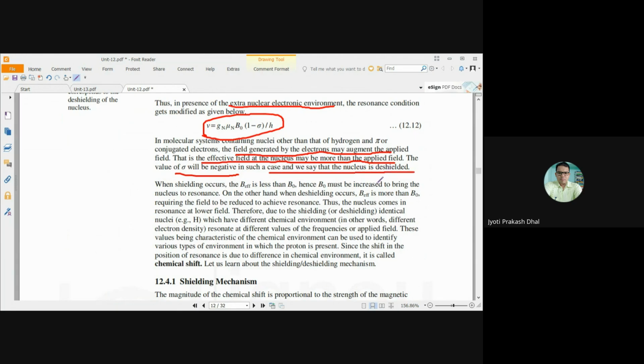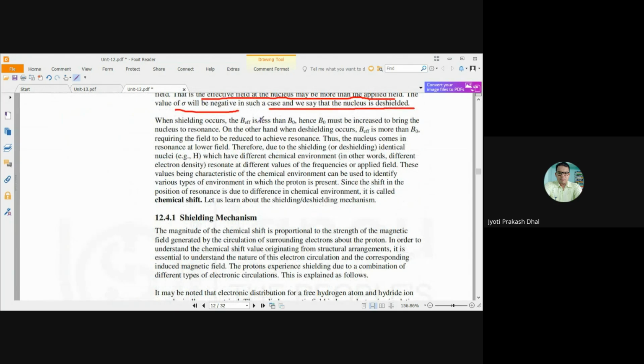So for molecules having pi electrons or conjugated electrons, the induced magnetic field will be aligned with the applied magnetic field. In that case, the nucleus is said to be de-shielded. When shielding occurs, B effective is less than B0, hence B0 must be increased to bring the nucleus to resonance.